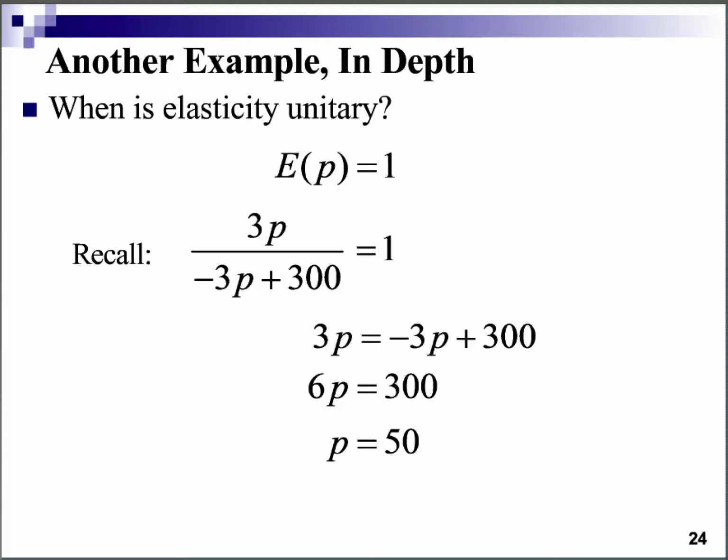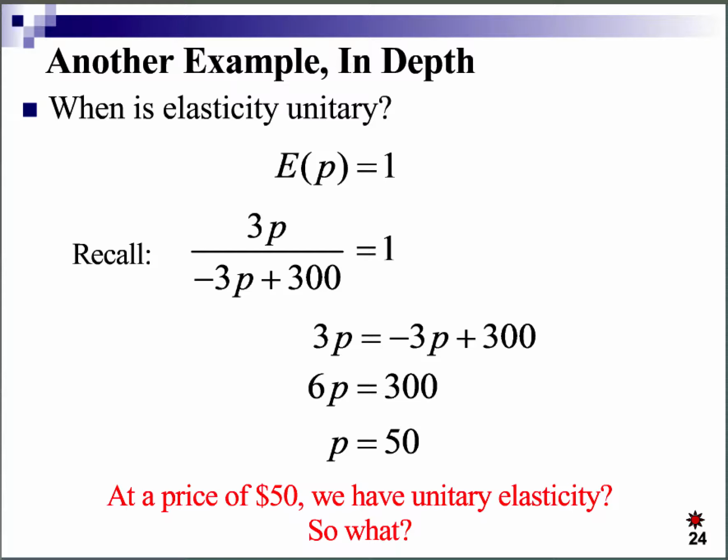And we can solve this equation pretty easily by adding 3p to both sides of the equation. That gives us 6p on the left and 300 on the right, and then of course we just divide both sides by 6 to get a price of 50. Now, this tells me then that at a price of $50, we have unitary elasticity.